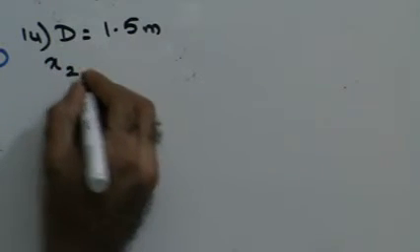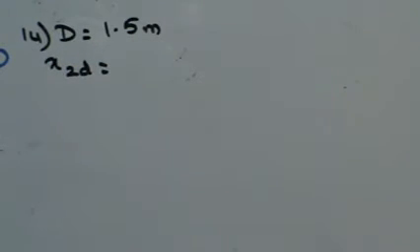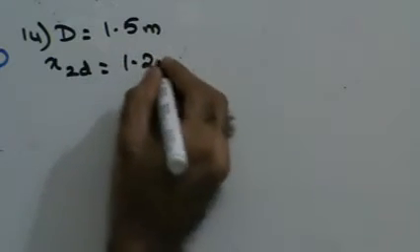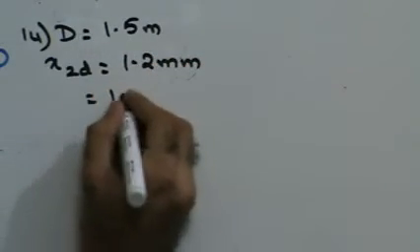The distance of the second dark band from the central point is 1.2 millimeters.